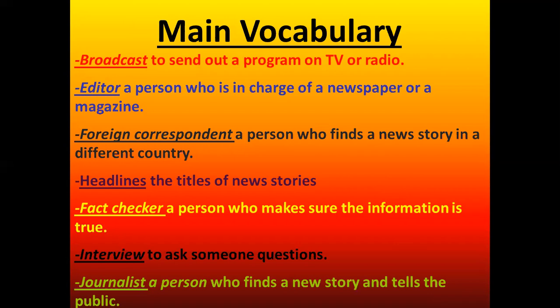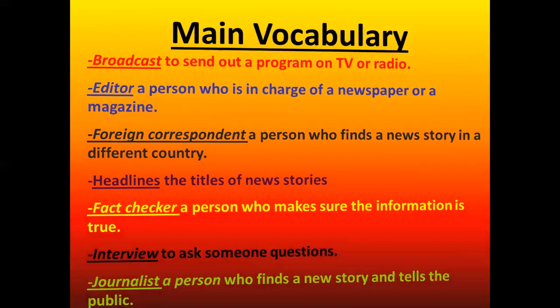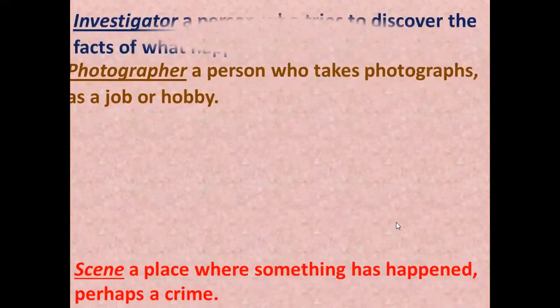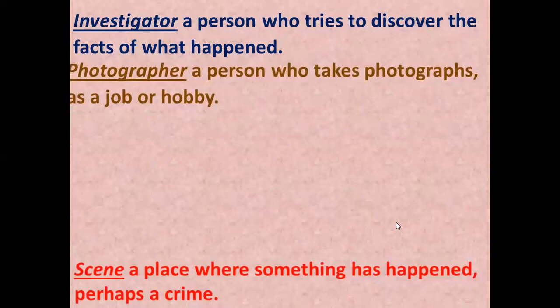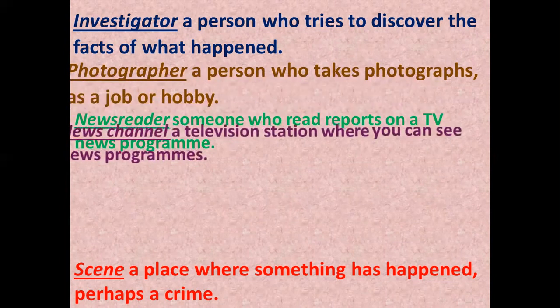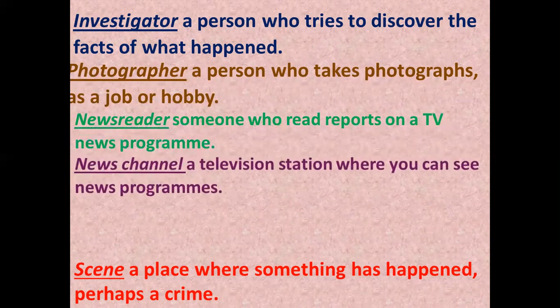Journalist is a person who finds a news story and tells the public. Investigator is a person who tries to discover the facts of what happened. Photographer is a person who takes photographs as a job or hobby. Newsreader, someone who reads reports on a TV news program.